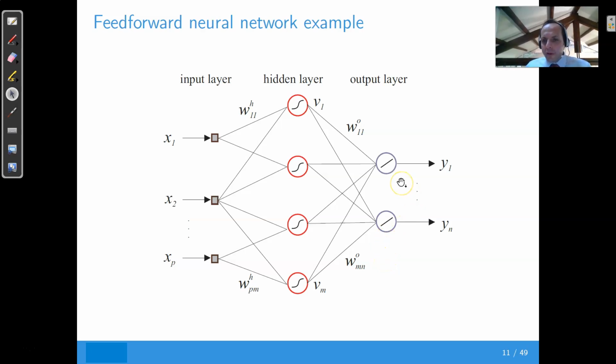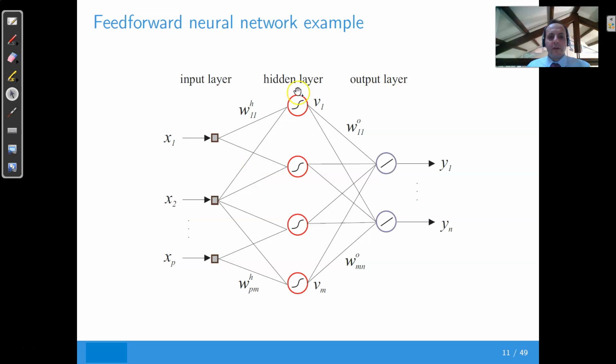We also have another characteristic: as you can see here, the hidden layer uses the sigmoidal or hyperbolic tangent activation function, in red, while the output neurons are using a linear activation function. Normally this is a very common structure for these neural networks.